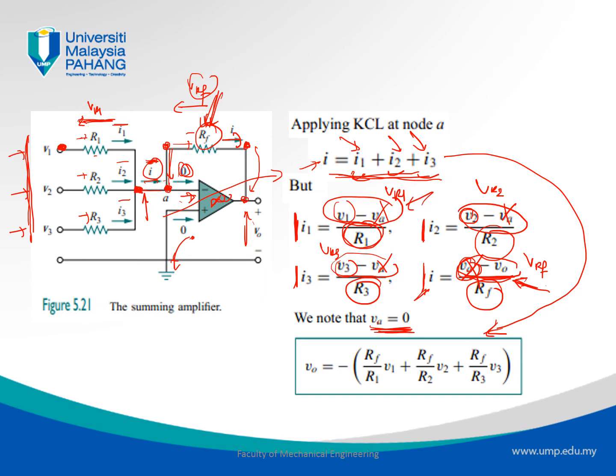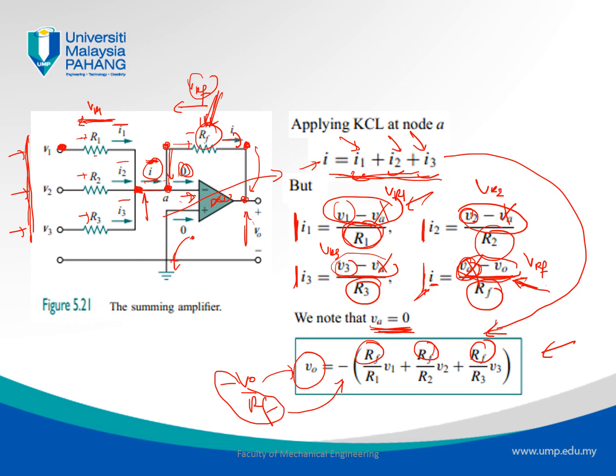So I, which is minus VO over RF, basically we're left with VO, because the minus is brought over. We just leave VO over here, and the minus over RF is transported to the other side. So we have RF here everywhere, and the final equation is this equation.